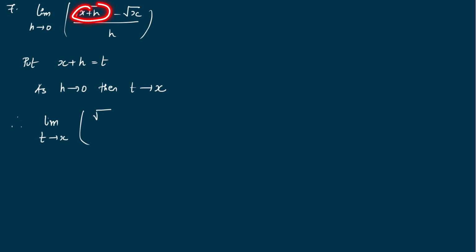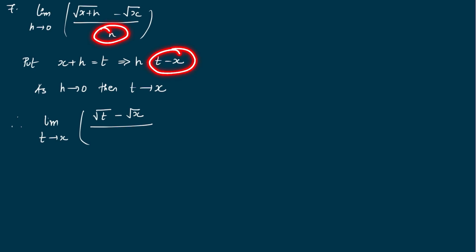Since x plus h we have written as t, from here h equals t minus x. So in place of this h we can write t minus x.